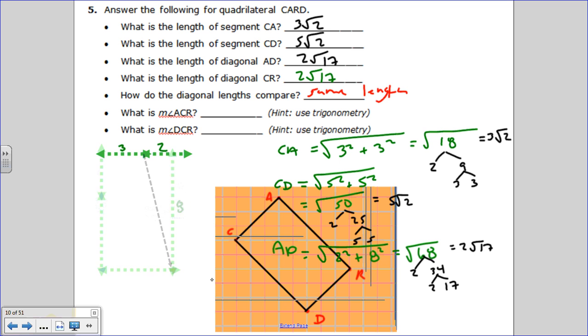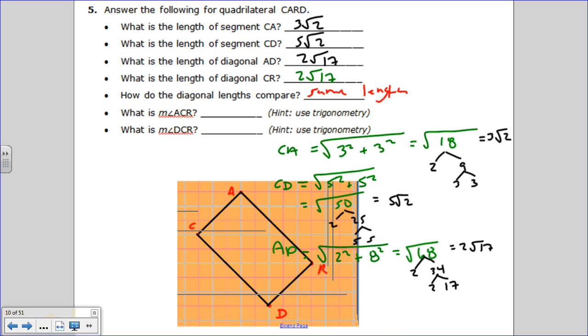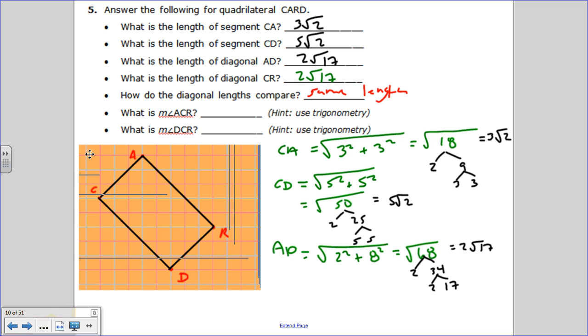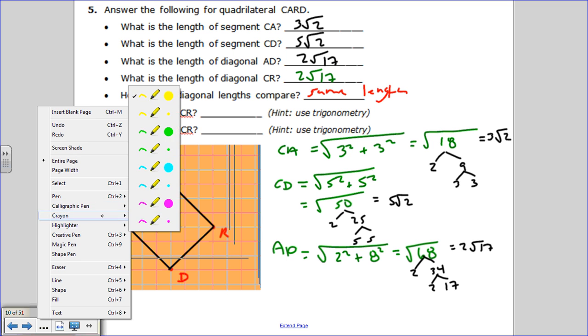I do want to delete all of that. I want to delete that. All right, let's put this back over here. Beautiful. Alrighty, now it wants us to find the measure of ACR, so I'm going to highlight that.